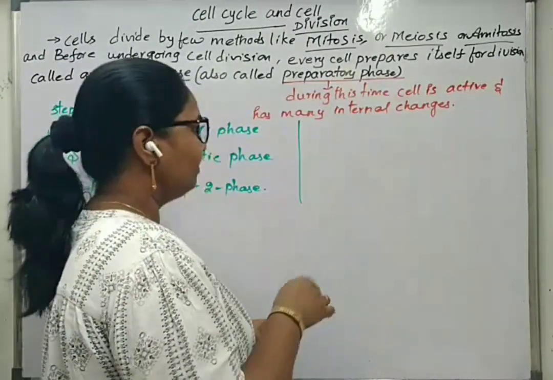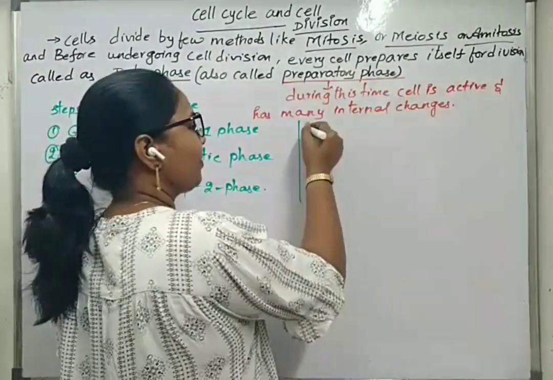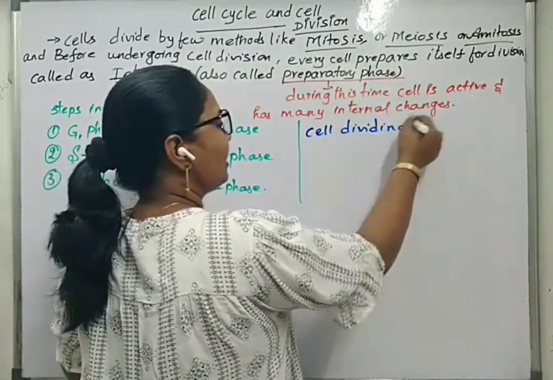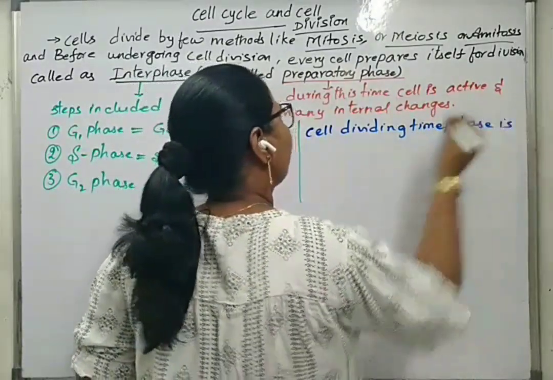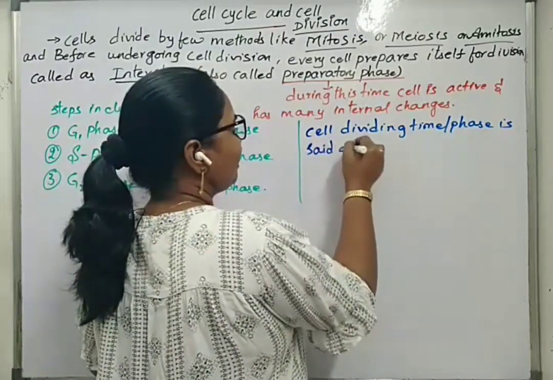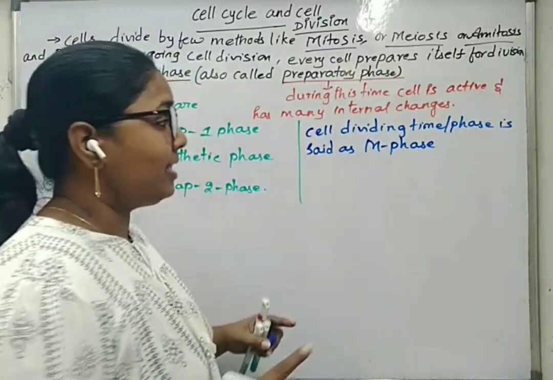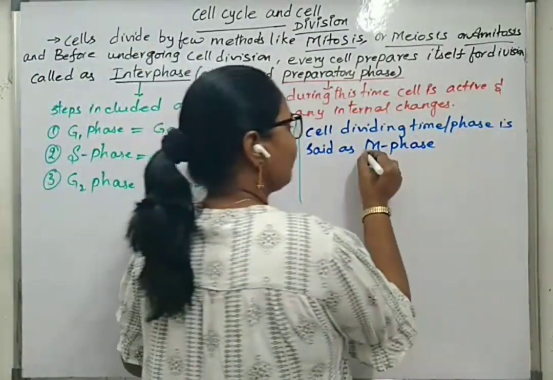During cell division, so here we have written mitosis and meiosis. Cell dividing time or phase is called M phase. M phase can be a mitosis phase or meiosis phase.